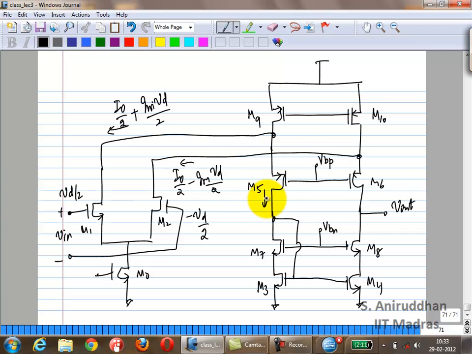What does this side have? Let us say this has I0 by 2 plus I1. This one has I1 minus GMVD over 2. Correct? So you're drawing current from here. So the current going down is minus GMVD over 2.